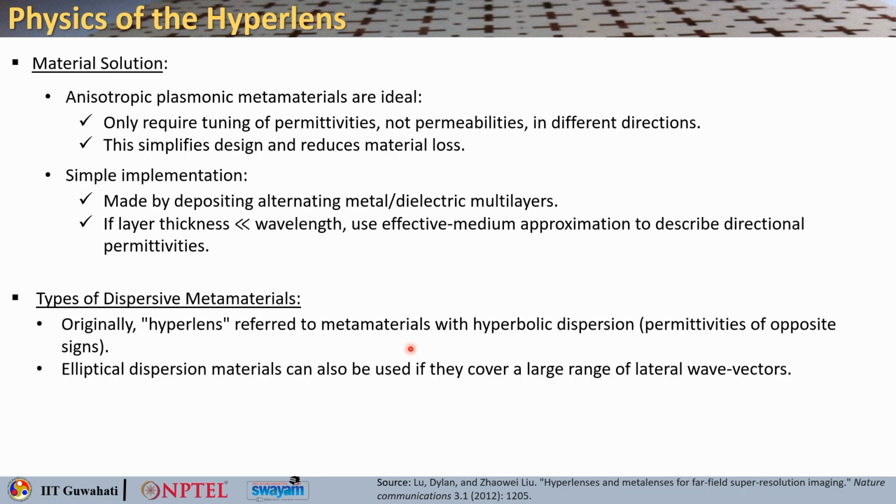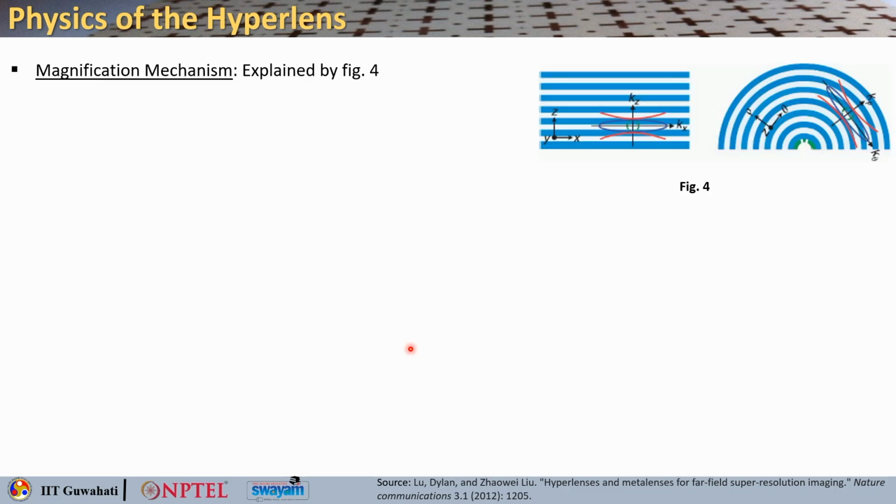In that case, they will also be able to pick up that high wave vector information from the sub-wavelength features and pass it on to low wave vector waves, that is propagating waves, so that you can pick up that information. The magnification mechanism is explained here.